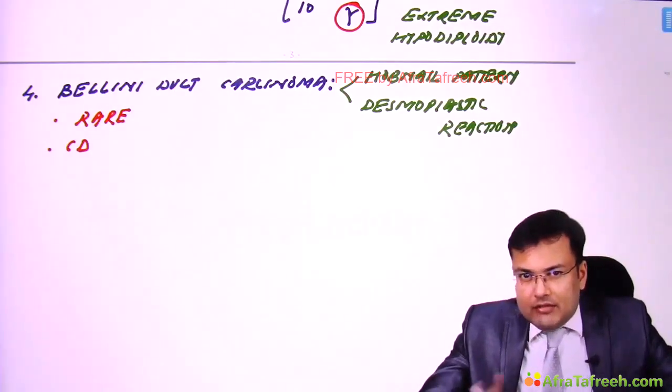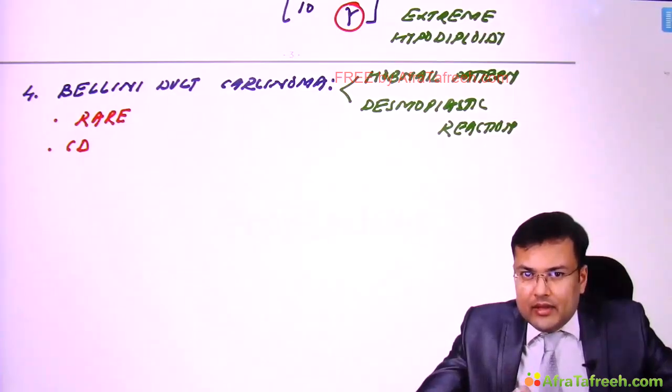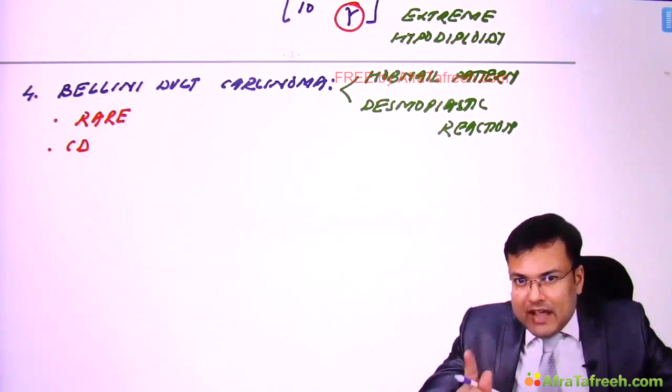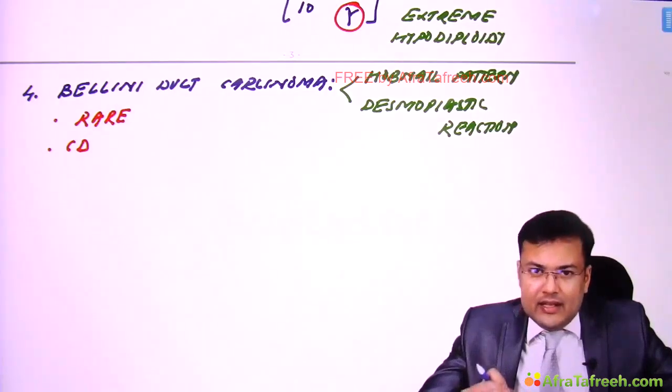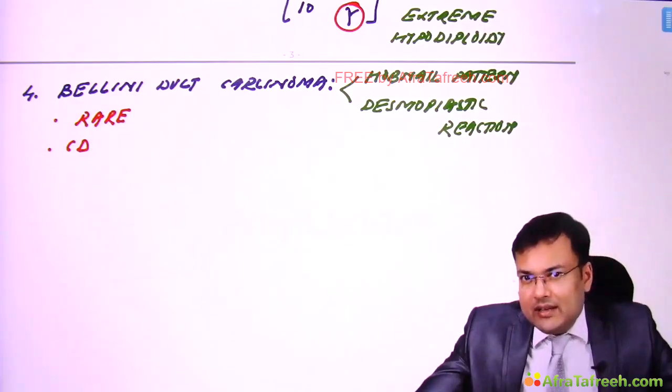Now see one question which was asked in JIPMER. A 10-year-old child of Africa having sickle cell trait. What is the most common type of RCC seen in this particular child? It's the medullary variant.